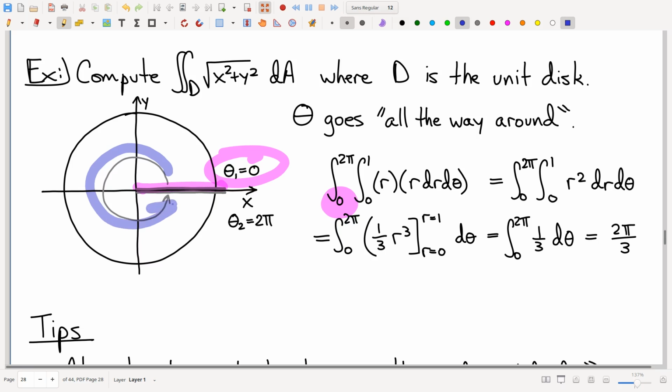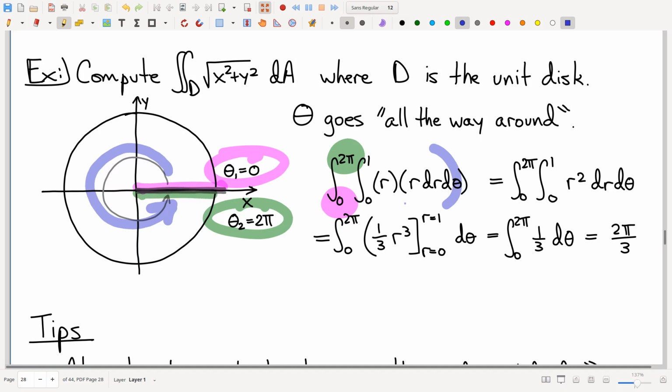There's a lot more theta slices as I go around the disk. And then I'm just going to end, let's see, I'll do green, I'll end when I finish tracing out my domain. We end at theta equals 2 pi. So the range of values of theta, you can see right here in the picture, 0 to 2 pi. Is that all right?